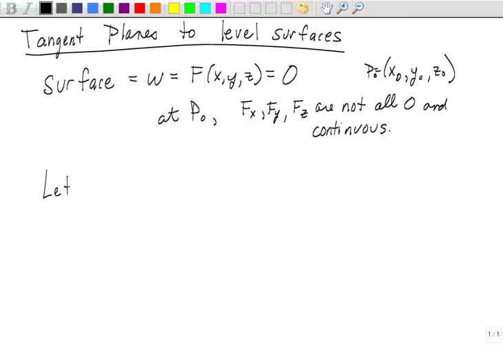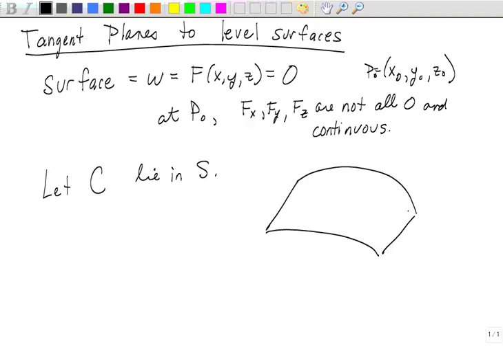So let this curve lie in S. Okay, so we have this surface, and we have this curve line in the surface, and here's our point. And we want to get that's the tangent line to that surface at P0.